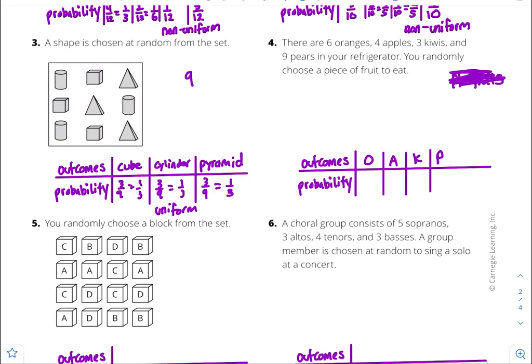There's 22 fruits. So for the orange, it's going to be 6 out of 22 chance, which is 3 out of 11. For an apple, it's 4 out of 22, which is 2 out of 11 probability. For kiwis, it's 3 out of 22 chance, and for pears, it's 9 out of 22. And these are non-uniform because you don't have an equal amount of chance to get all the types of fruits.